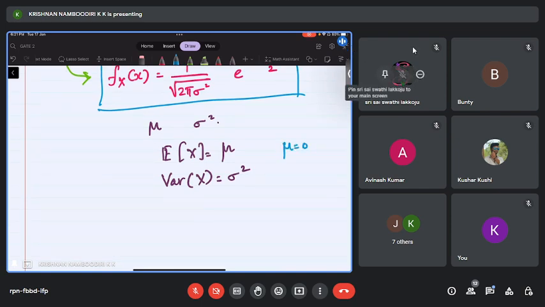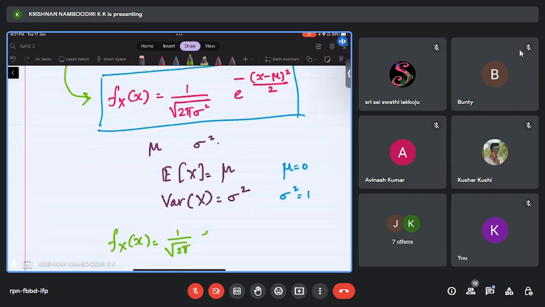And unit variance means sigma square equal to 1. Then what will be the PDF? The PDF f_X of x is equal to 1 by root 2 pi, e power minus x square by 2. Is it clear?